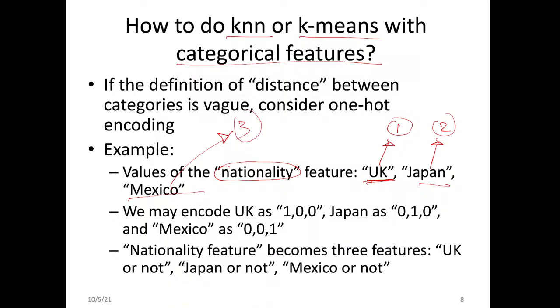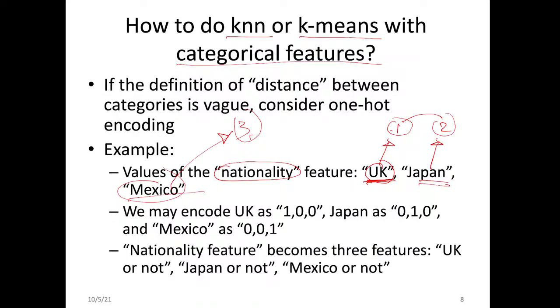But by this encoding, you are assuming that the distance between UK and Japan, which is 1 to 2, is smaller than the distance between UK and Mexico, which is the distance between 1 and 3. Does that make sense or not?